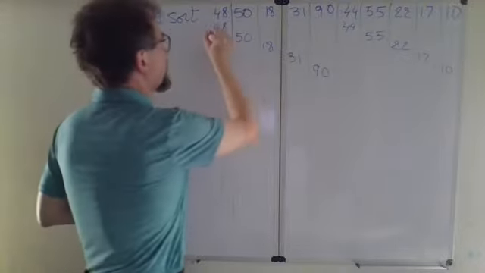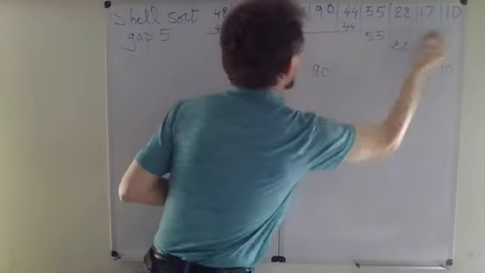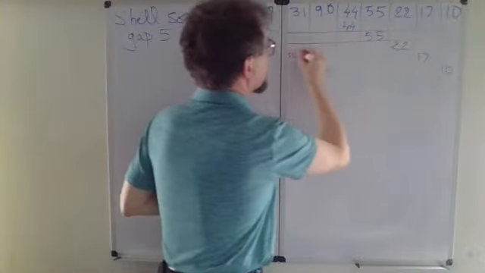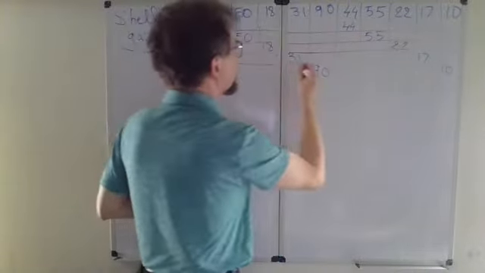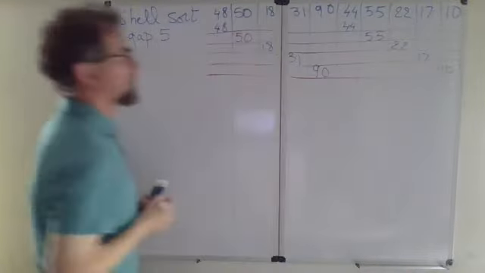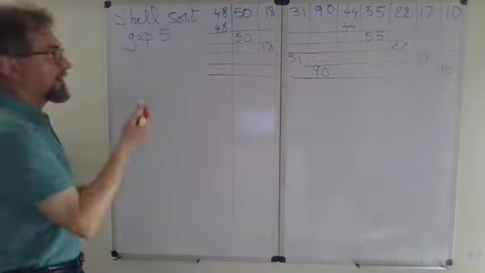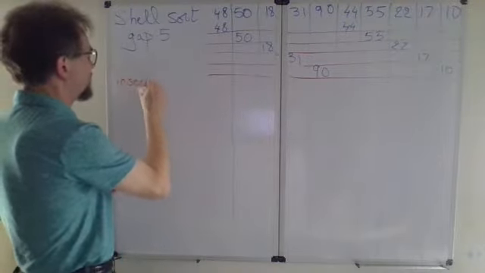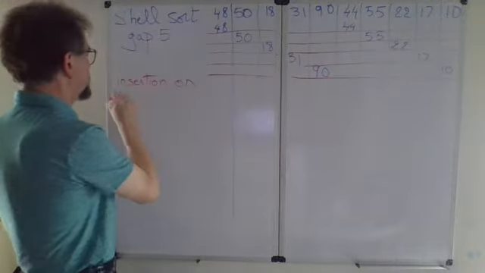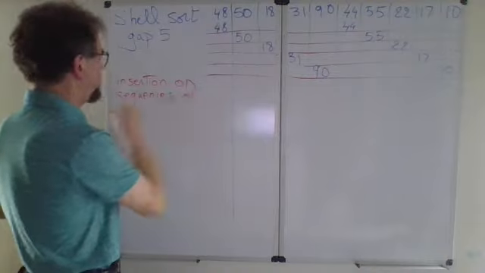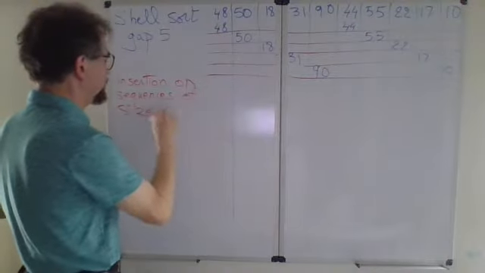So we have the horizontal lines that define the sequences, and now we apply insertion sort on sequences of size 2.